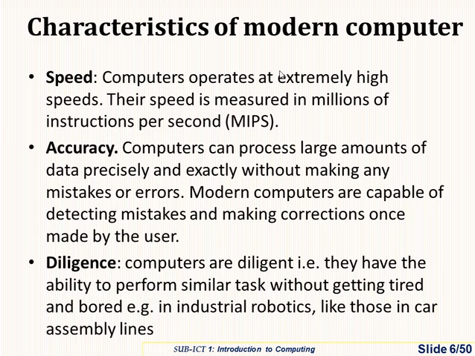Then 2 is the accuracy. Computers can process large amounts of data without making any mistakes or errors. Always, the errors or mistakes made are as a result of human errors. What you enter into the computer is what the computer will do for you.